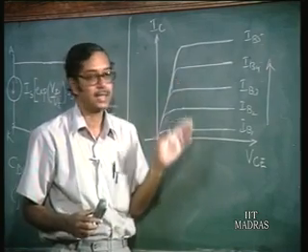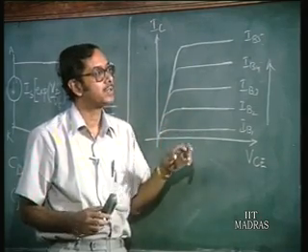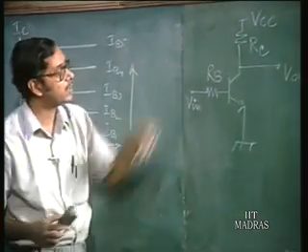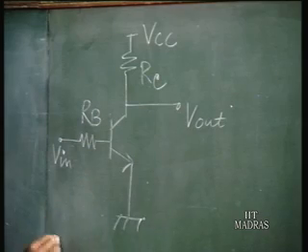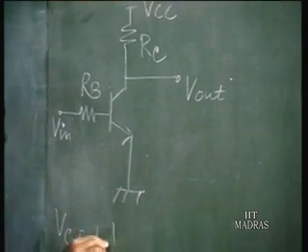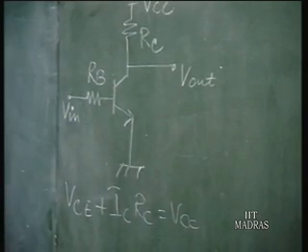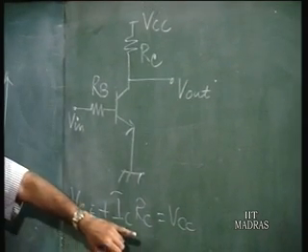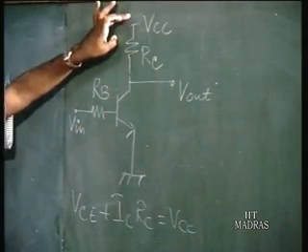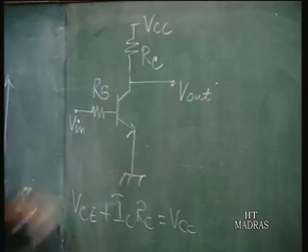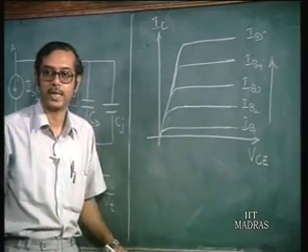So you have to draw another line which is known as the load line, and the equation for the load line is VCE plus ICRC is equal to VCC. This equation must also be obeyed. So now let us draw this line on this output characteristics.